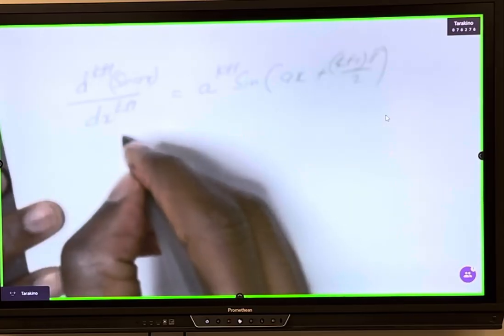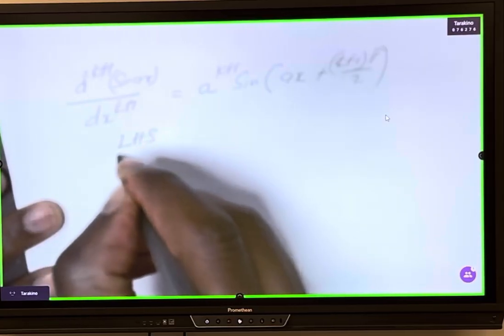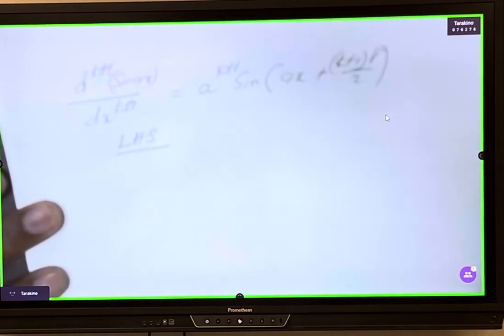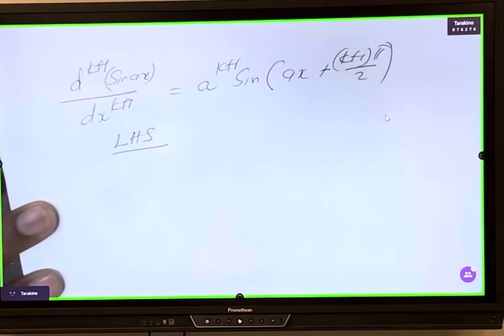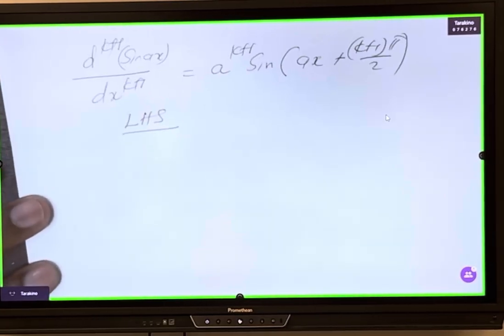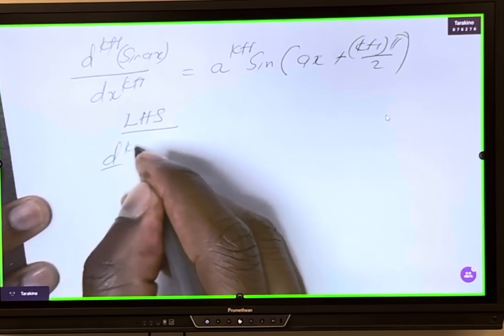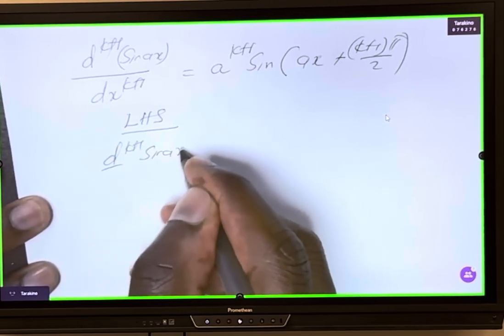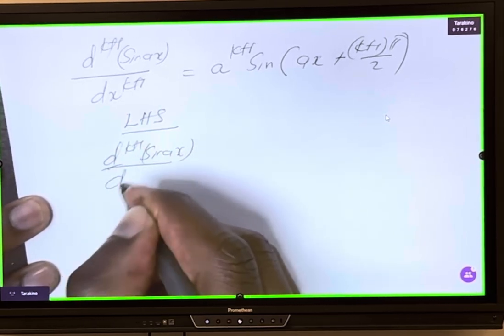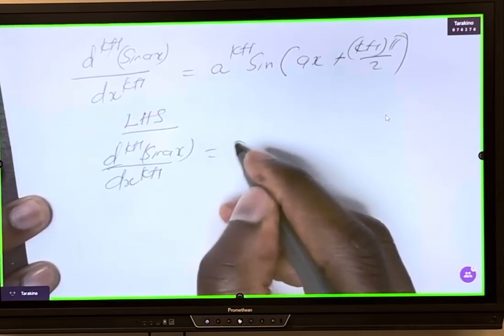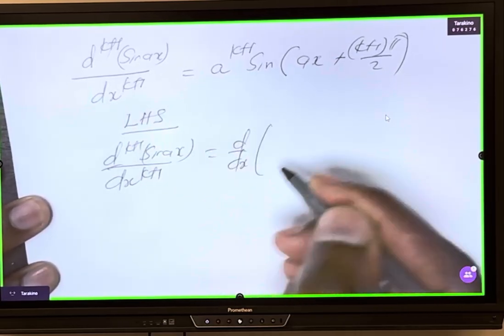So my left hand side is going to be d to the k plus 1 of sine ax over dx to the k plus 1. So always you differentiate the assumption.